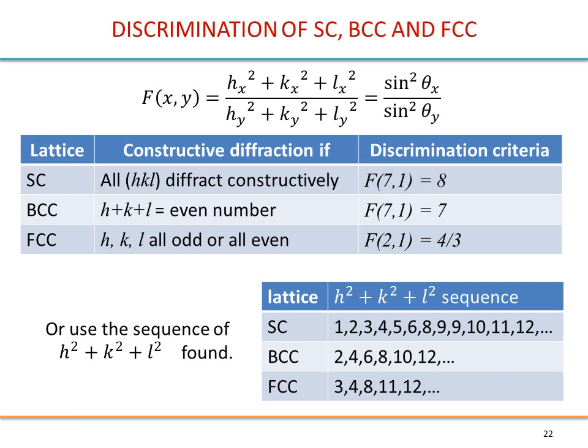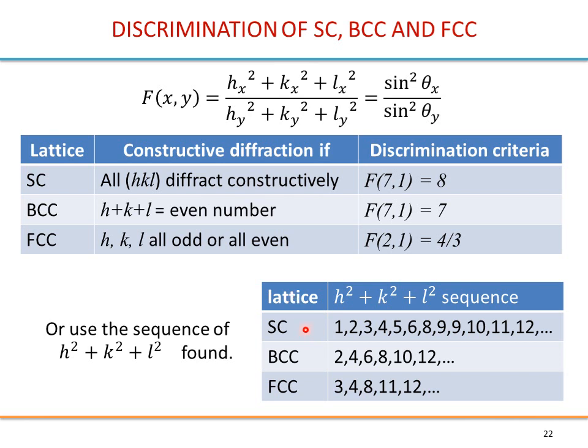This one is a possibility: you look at this function for different peaks, for example the seventh peak divided by the first peak, and if you find that, you have an SC, etc. You can use this, but the more practical one is probably the second. Here you just use the sequence of this sum.